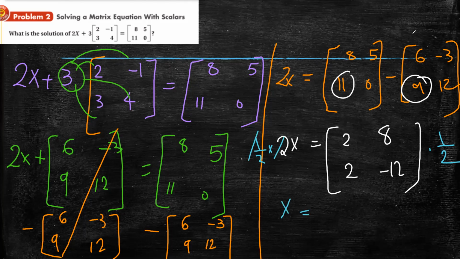So x is, let's multiply half by each element: half times 2 is 1, half times 8 is 4, half times 2 is 1, and half times -12 is -6. That's it. Is it clear?